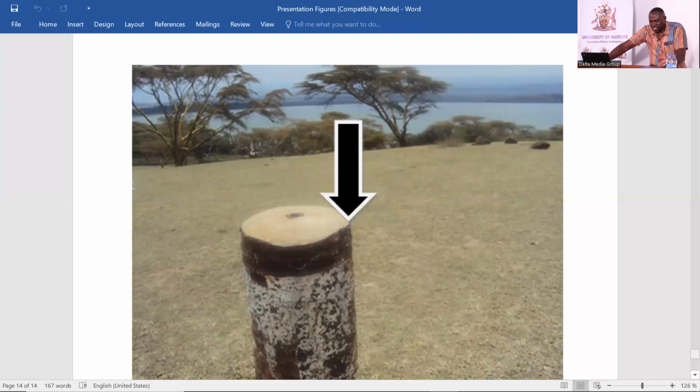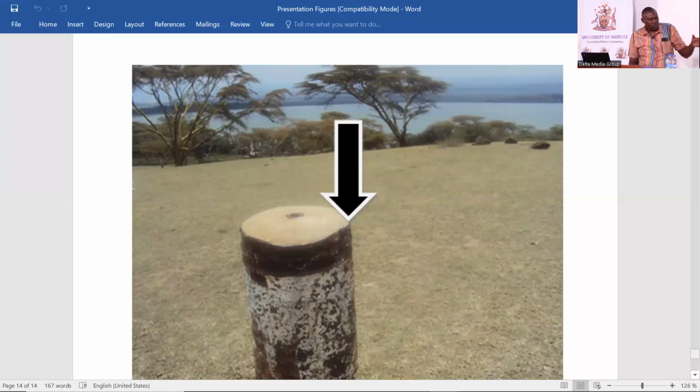So the distance of the sites from the shoreline, because we are looking at space, suggests that their location was chosen with the utmost care, especially for fear of attacks from aquatic animals like crocodiles and hippos, which are so common in this lake.